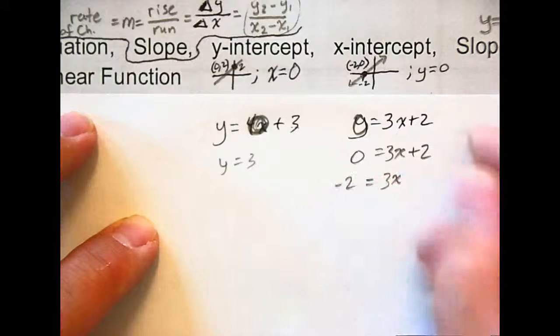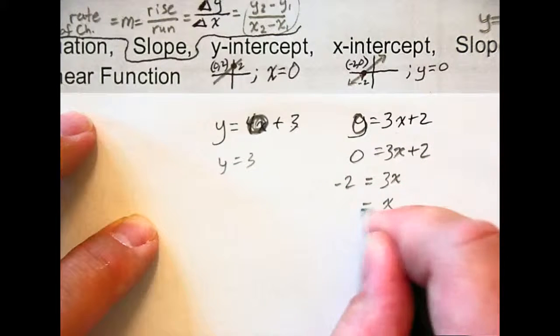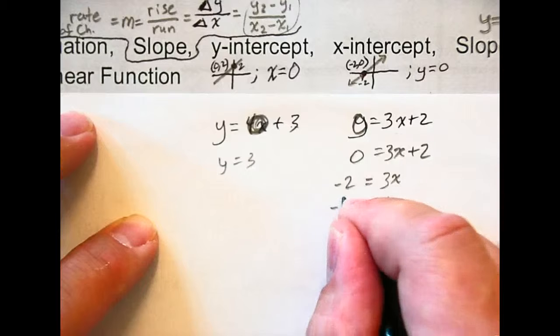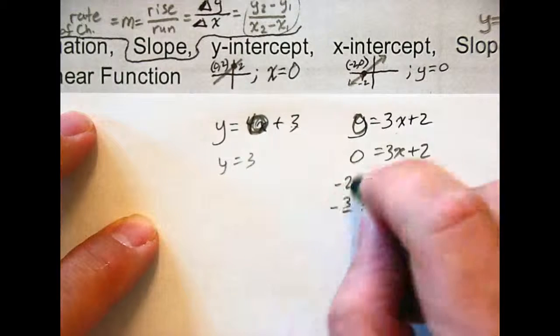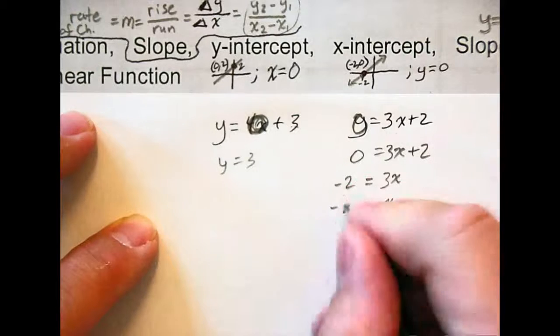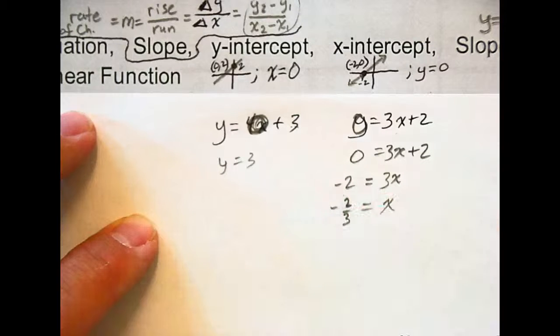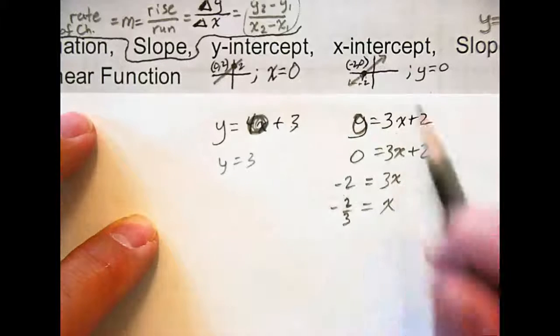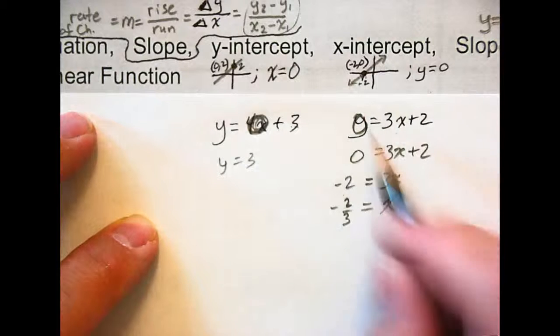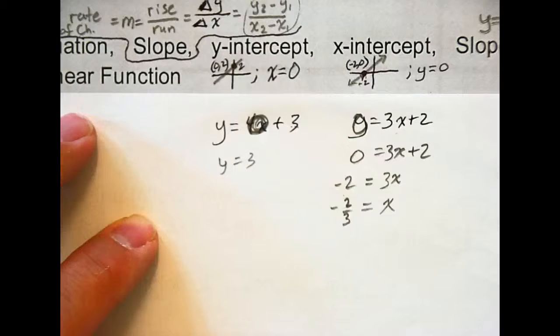If I subtract 2 from both sides, divide by 3, x is equal to -2 over 3. Now obviously that is not that x-intercept, right? But that's what it would be in equation form.